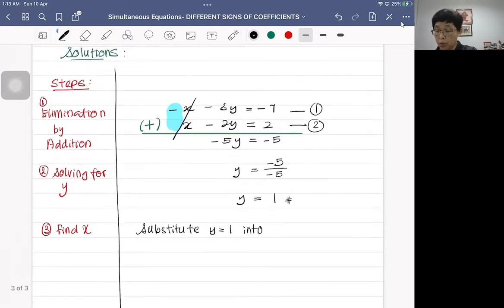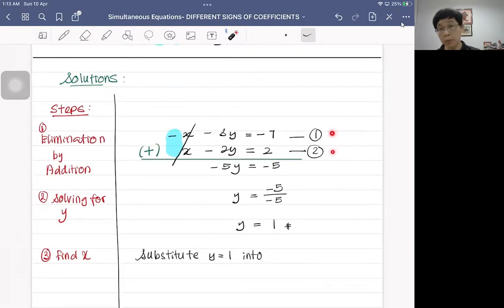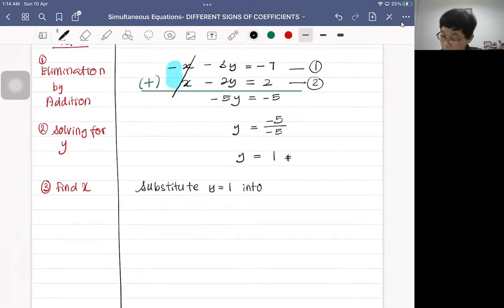Okay, so you can sub it into first one, you can sub it into second one. All right, so okay, for me, I would prefer a +1. Therefore, for this case, I'm going to sub into equation number 2.